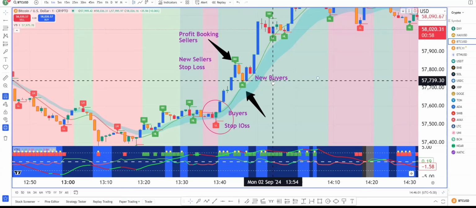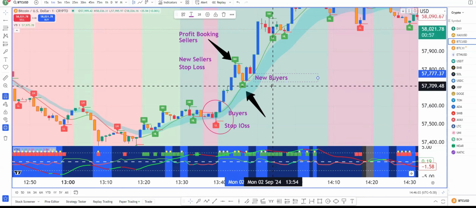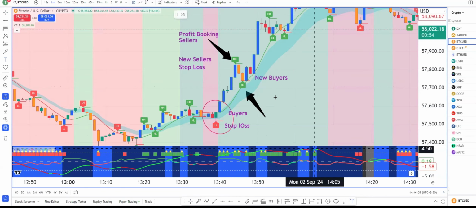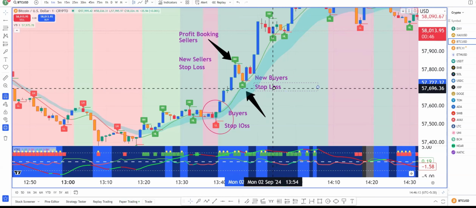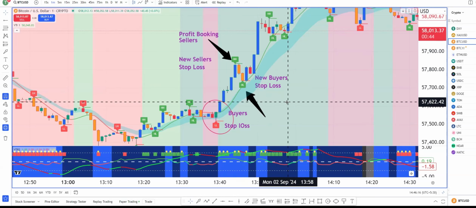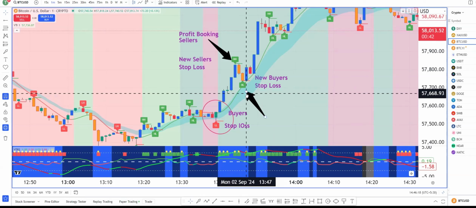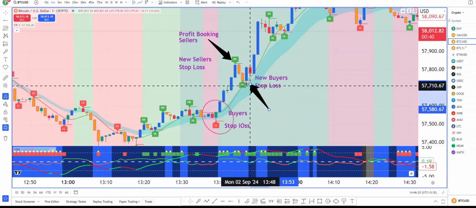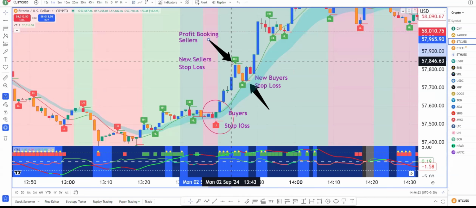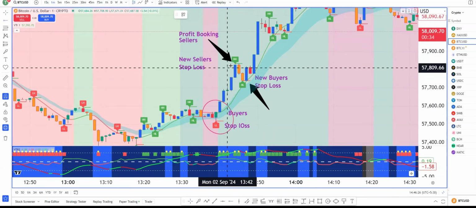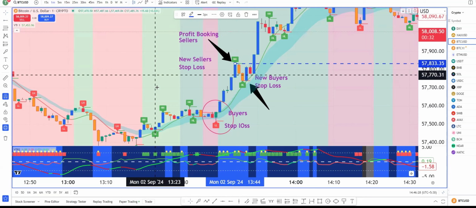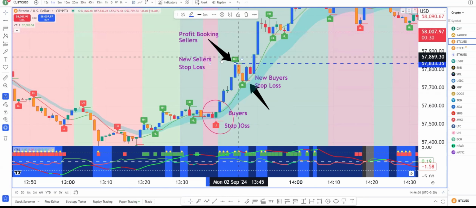And when new buyers come in, where will their stop loss be? Their stop loss will be at this swing low. Now, what has happened? In very quick succession, we have one stop loss here and we have one stop loss here. When the new buyers are more in number, they are breaking the stop loss level.